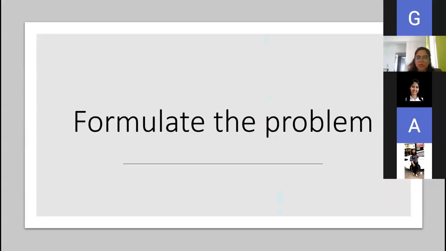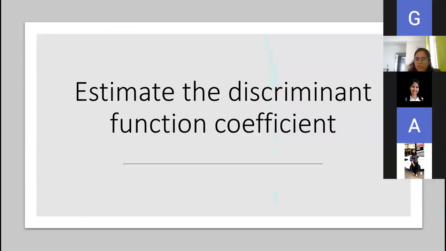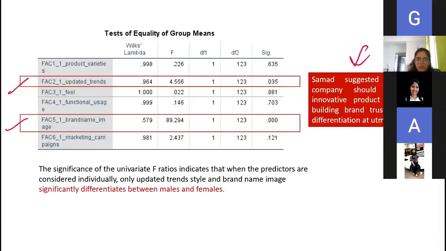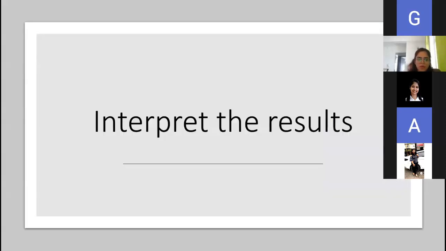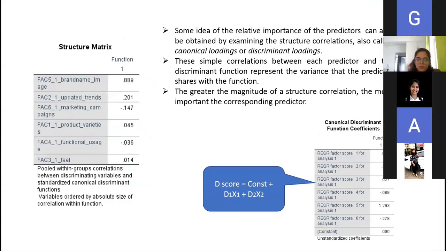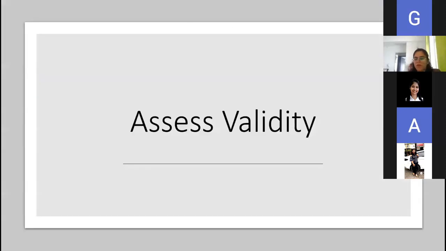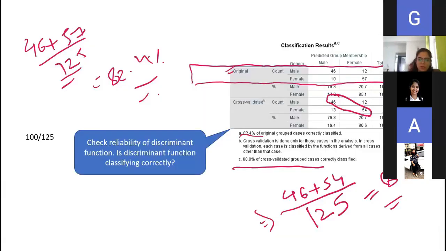You first formulate the problem. This is the first stage. Then you estimate this function, discriminant function, and then you determine the significance. So significance is told by this Wilks lambda. Then you interpret the results, and then you arrive at this confusion matrix, that is assess validity. What is the accuracy? How valid the results are? All these things. All right.